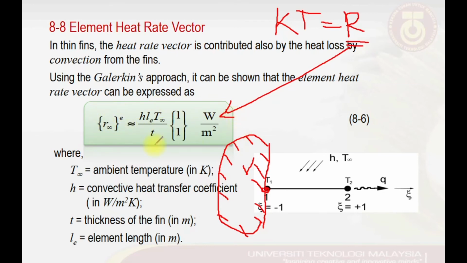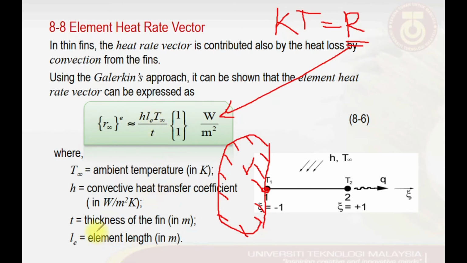This equation is applied to a single element, so we have to solve this equation for each element that we have. This equation is given by hLT infinity over 2, multiplied by [1 1]. Here, h refers to the convection heat transfer coefficient.